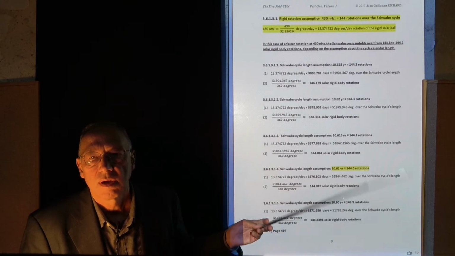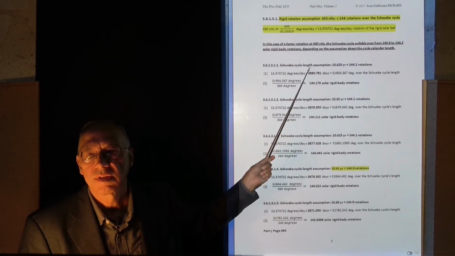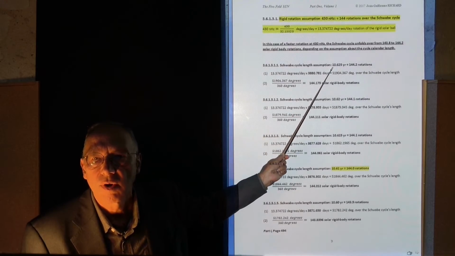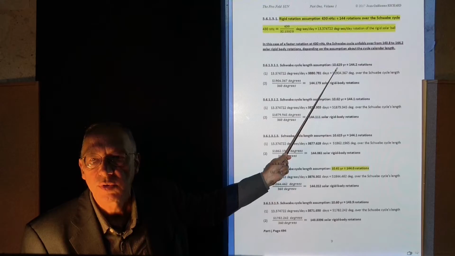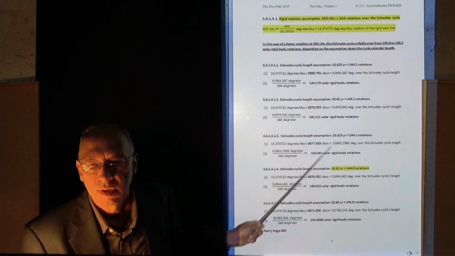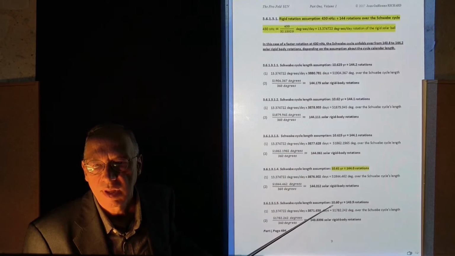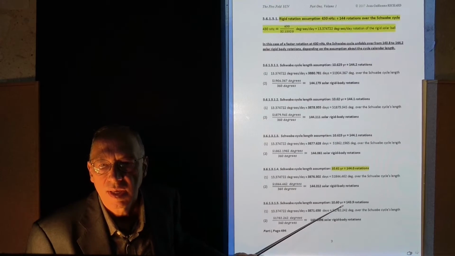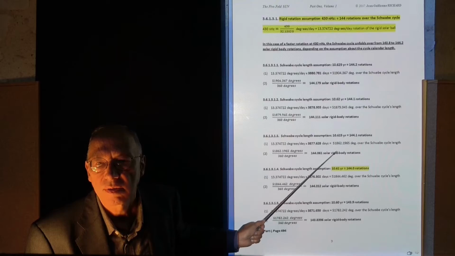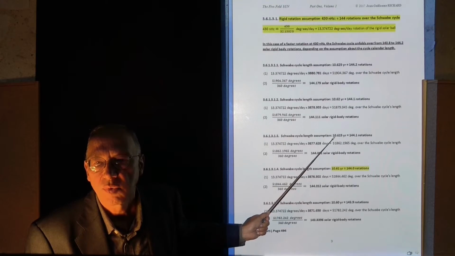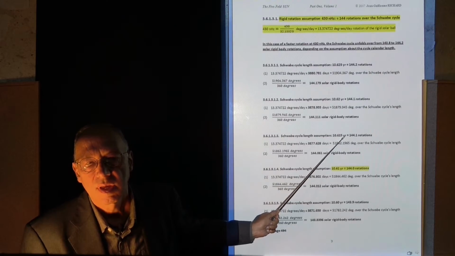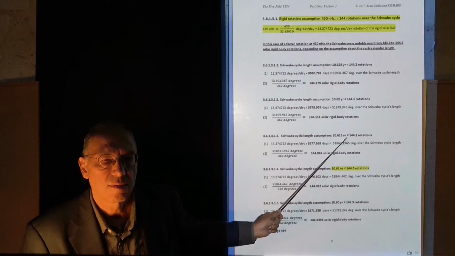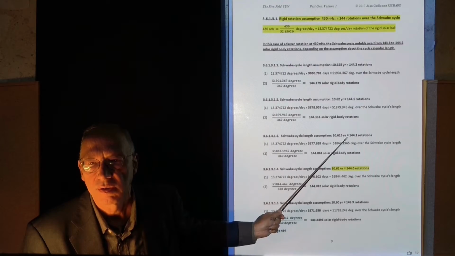You see here a number of hypotheses for a Schwabe length of 10.625 years down to a Schwabe length of 10.60 years, with a central assumption of 10.615 years as retained at the end of the previous section of this book in the preceding video lecture.